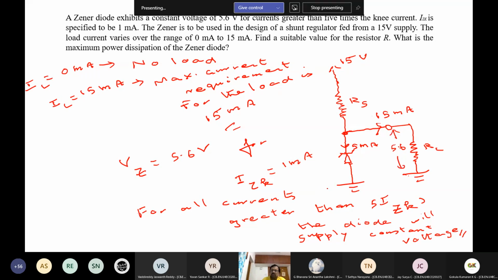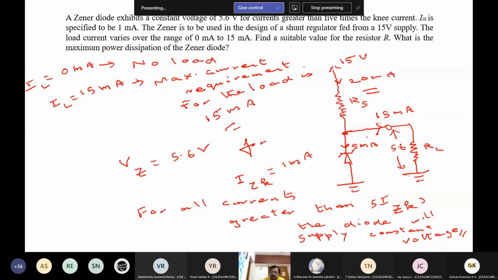The nominal voltage across the RL. So I will be able to get 5.6, able to get the output, provided I am able to operate the Zener in this region. Whatever 5.6 plus minus, that is fine. That's not going to affect you much. Okay, so 5.6 the requirement for 5 milliampere. So 15 plus 5, 20 milliampere should come through this.